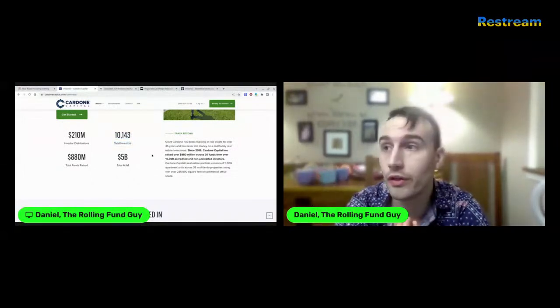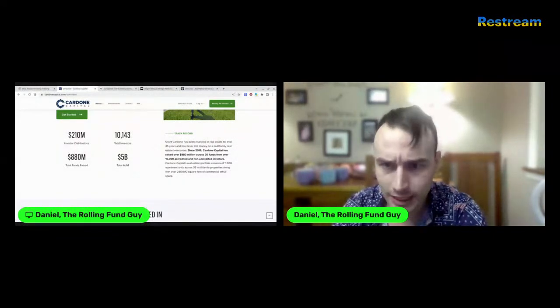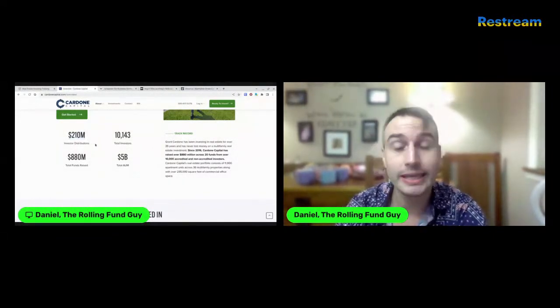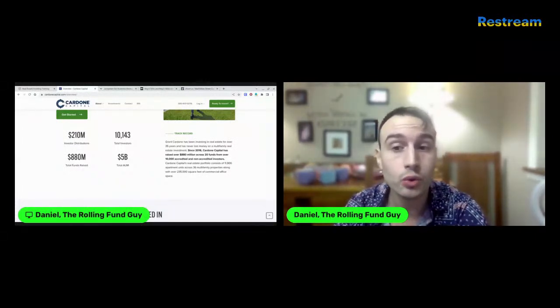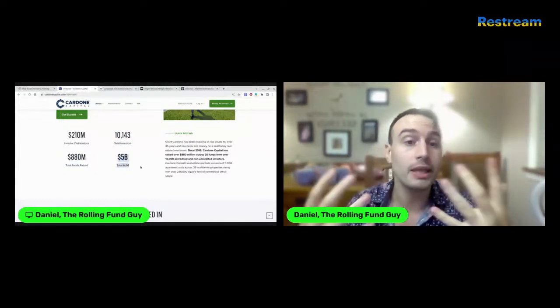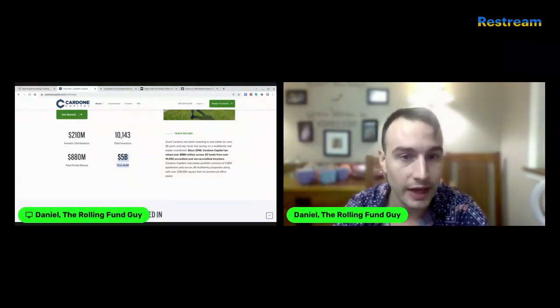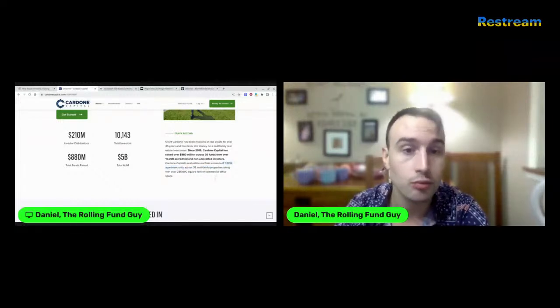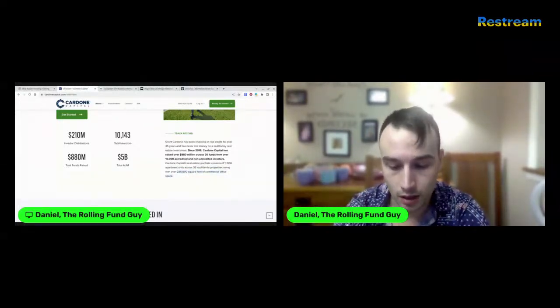That is more than the pre-tax earnings of the average American. He's sent back about $210 million to investors. He's used this $188 million to acquire around $5 billion worth of real estate, around 12,000 units across 36 multifamily properties, and about $250,000 of square feet of commercial office space.